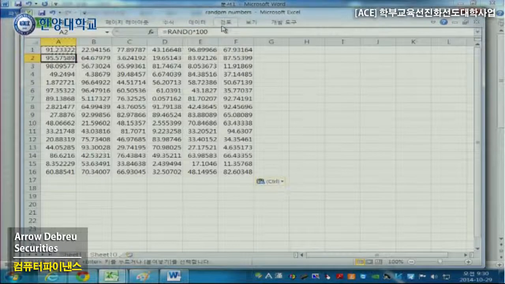That's definitely correct. But I am interested only in random natural numbers, not real numbers. They are all real numbers now, but I just want 1, 2, 3, up to 100. How can I do that?